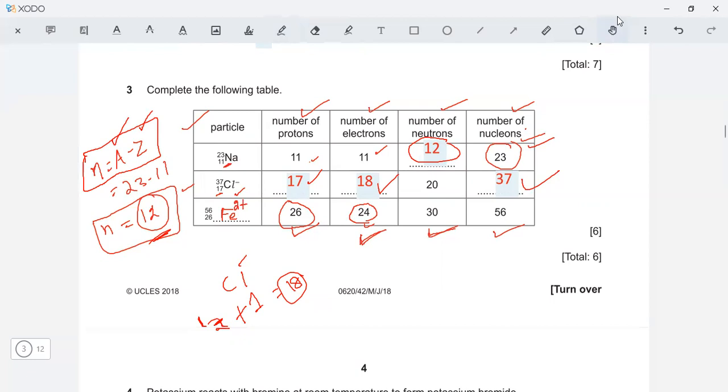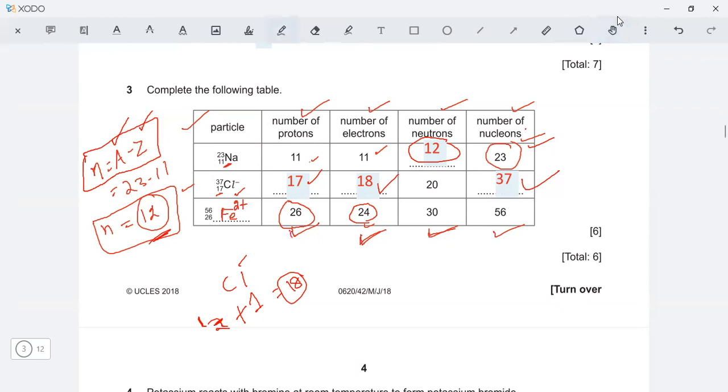Whenever the element name is not given but the proton number and the rest of the subatomic particles, electrons, neutrons and nucleons, have all been given, just remember that you look at the proton number first. Proton numbers are always fixed, but the electron number can vary based on receiving or donating in terms of ions.